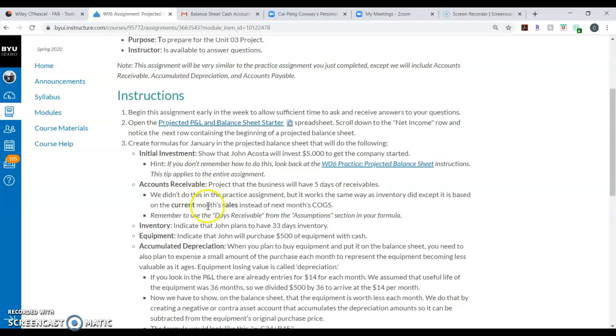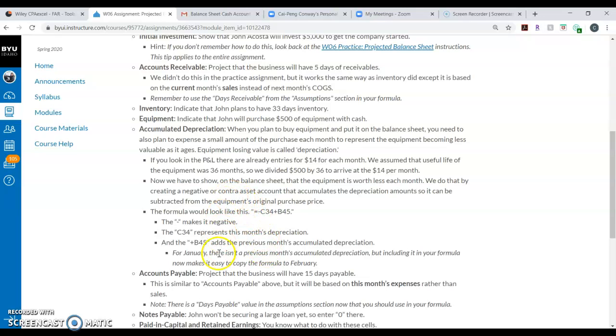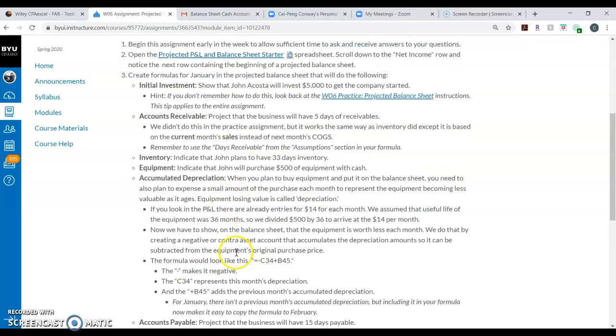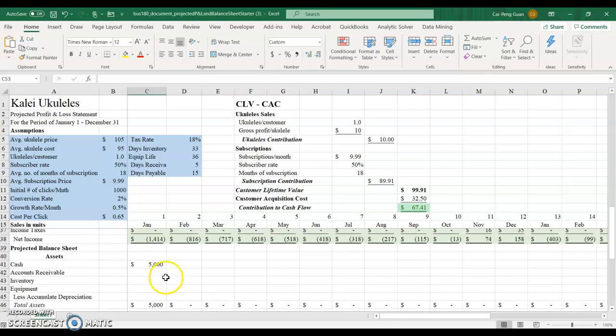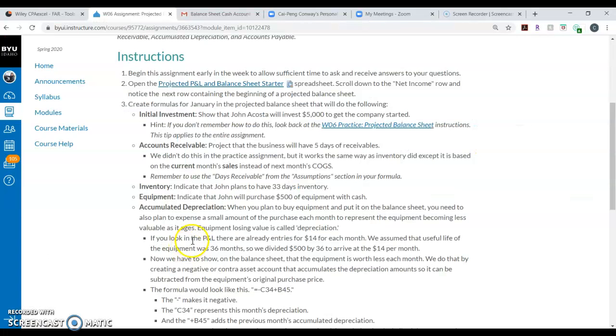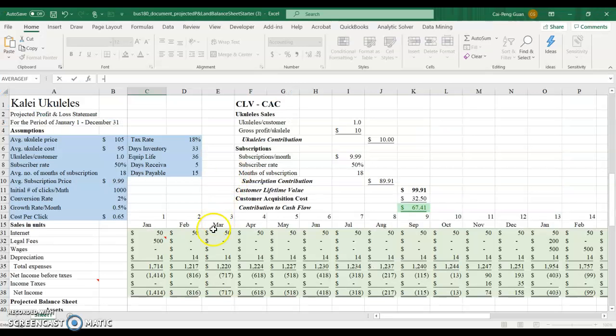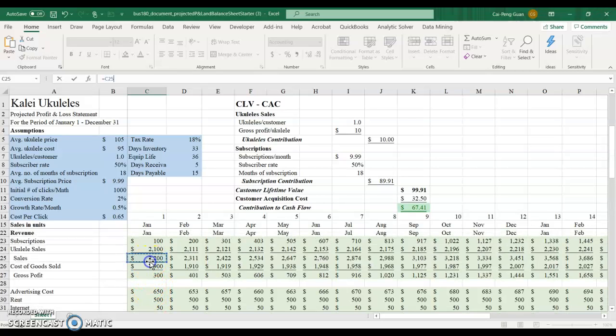That takes care of the initial investment. And we did accounts receivable, inventory, equipment, and accumulated depreciation. Accounts payable, notes payable, right? So I'm just going to go through this real quick. For the accounts receivable, we are going to use the current month's sales, which is 2,200.